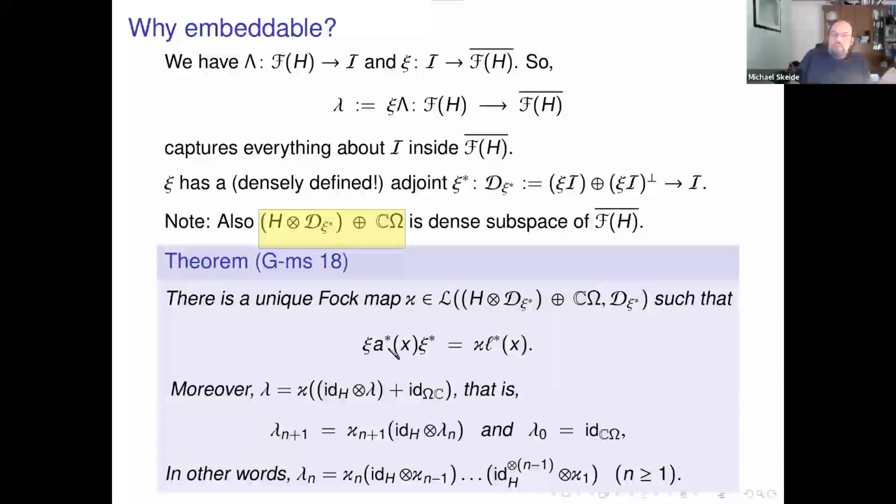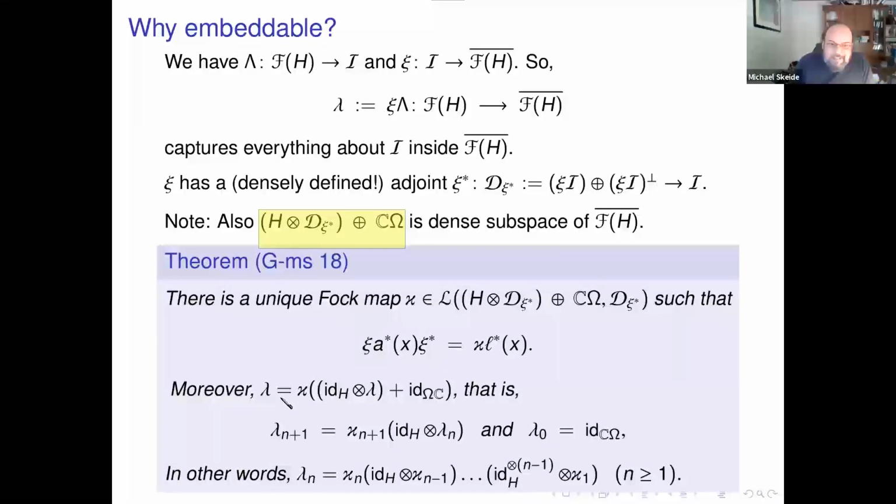So conjugation with the isometry sends a creator on the interacting Fock space to the usual creator on the full Fock space, squeezed or modified by this operator kappa. Of course, this is an algebra monomorphism, and if the creators happen to have adjoints, it's even a star algebra homomorphism.